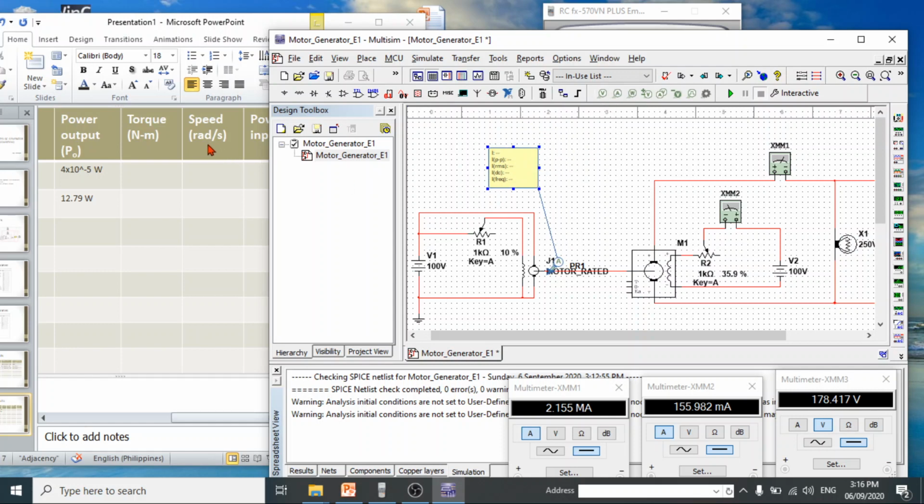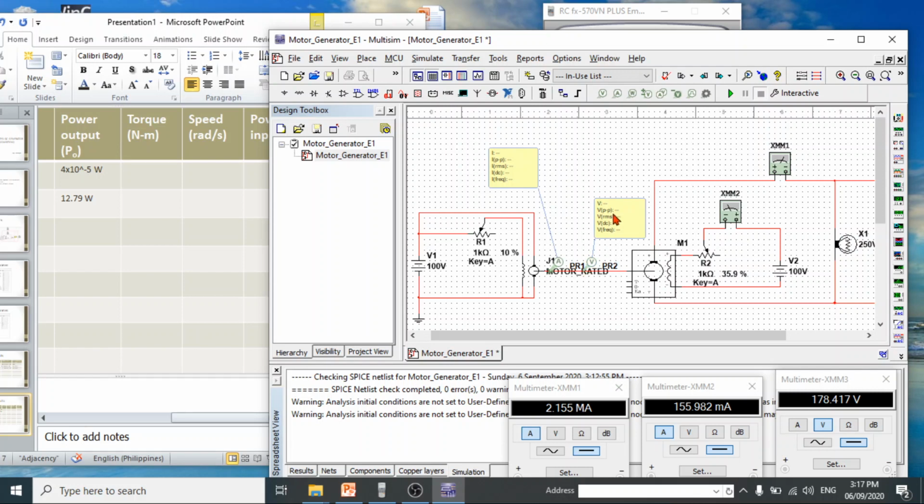To measure the speed in radian per second, we need to click the voltmeter. This measures voltage, but we will use the voltage to represent the speed in radian per second in the shaft of the prime mover. Click this one and then point it to the line connecting the motor and generator.